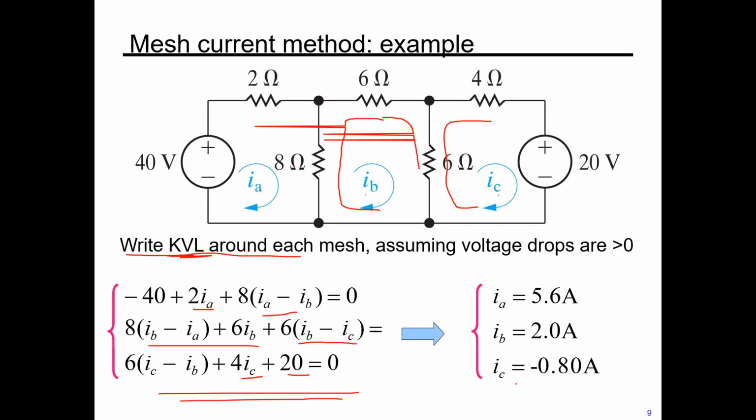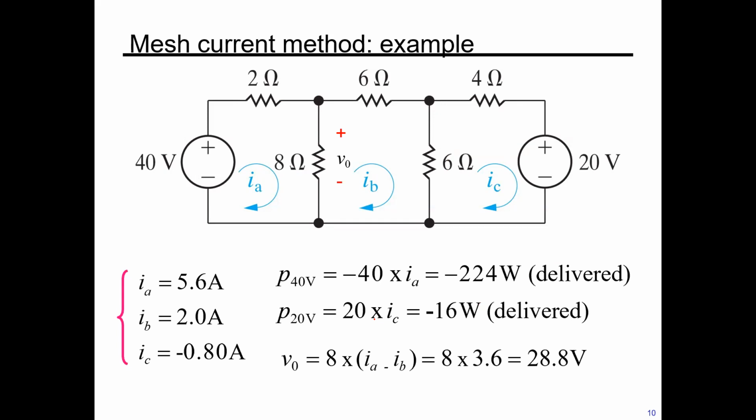From that, we can solve them and find IA equals 5.6 amp, IC equals minus 0.8 amp, and IB obviously is 2 amp.